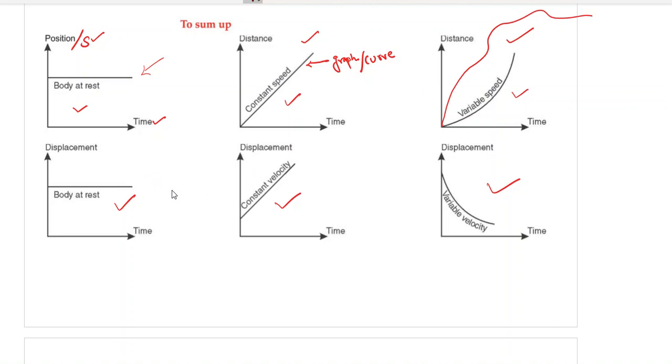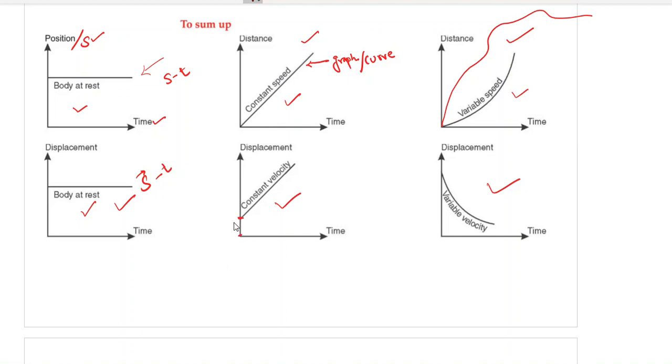Okay, then the same thing: this is a distance time graph, this is a displacement time graph. In a displacement time graph also, if it is a straight line parallel to the time axis, the body is at rest. If it is an inclined line, why is the graph beginning from this point? Why not from this point?